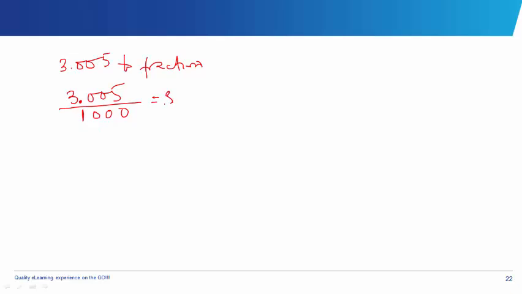So it now gives us 3 and 5 over 1000. 3 whole number, 5 over 1000. Okay. Now you can simplify further if you want. 5 into this will give you 1. 5 into this will give you 200, which is 3 whole number 1 over 200.